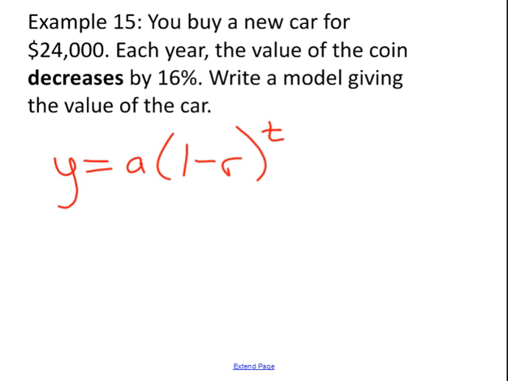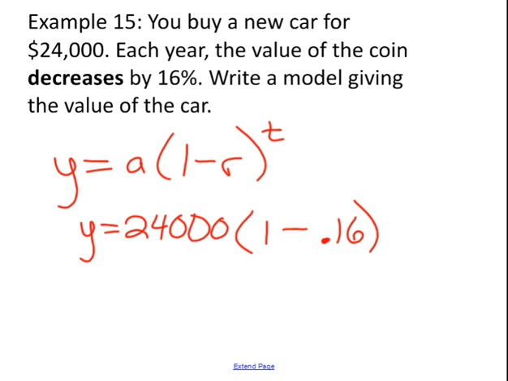We know the initial amount, that's 24,000. 1 minus what it decreases by, the rate, which is 16% or 0.16, raised to the t. Again, I'm going to ask you to combine the 1 and the 0.16. I need you to subtract those. This time I'm going to have to borrow. So I'm going to take 1 away from the 1. I got 0 left.